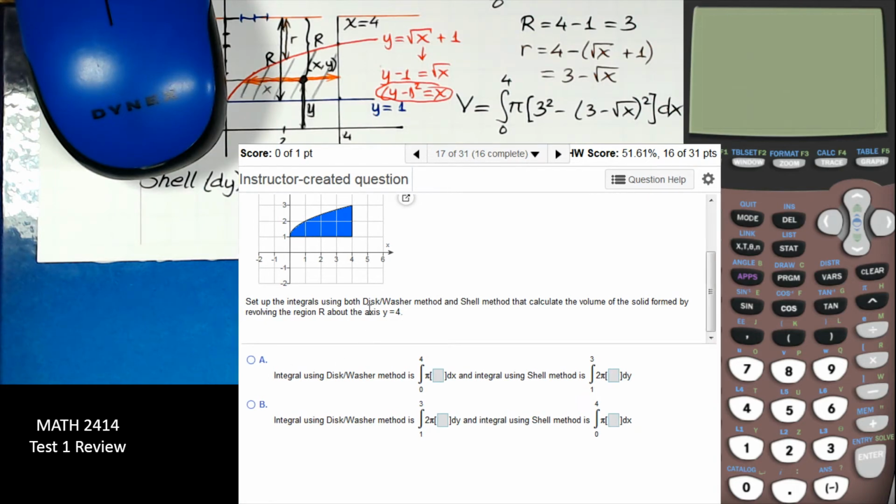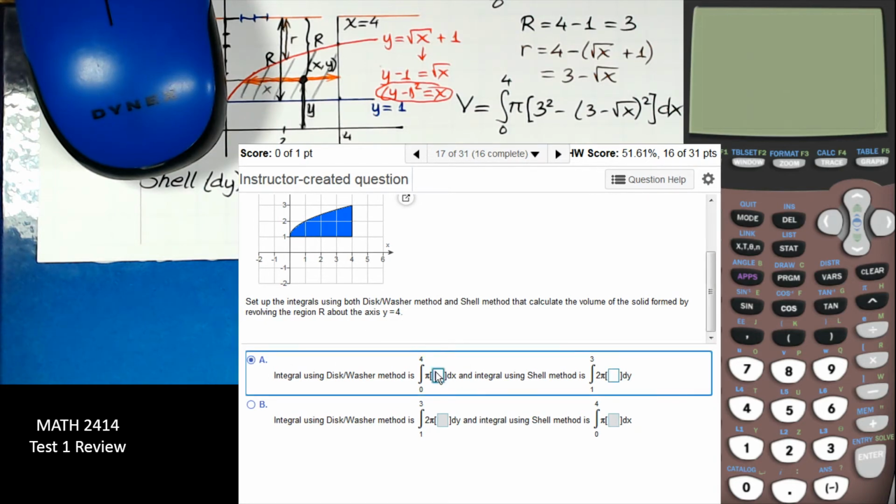All we need to enter inside is 3 squared, or 9, doesn't really matter. Let's try 3 squared minus (3 minus square root of x) squared. Notice there's a big bracket already, so we just need to enter that.